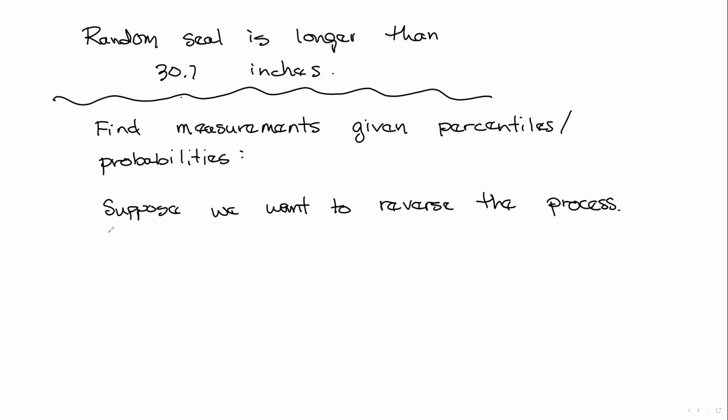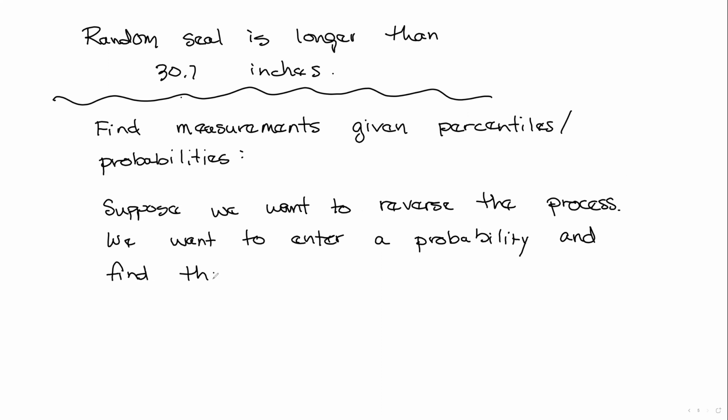We want to enter a probability and find the measurement that generates that probability. That's the opposite of what we've been doing.